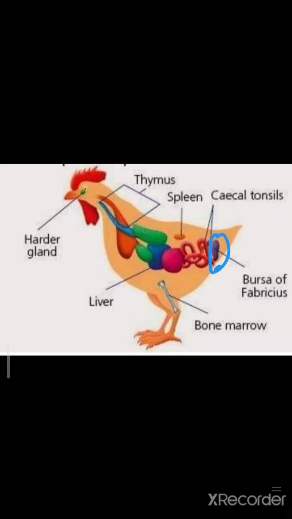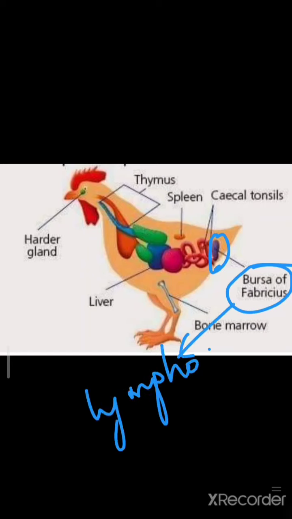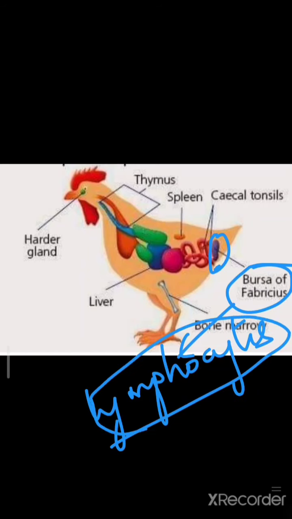So above the cloaca, the bursa of Fabricius is present. It is made up of lymphocytes, same as the thymus.